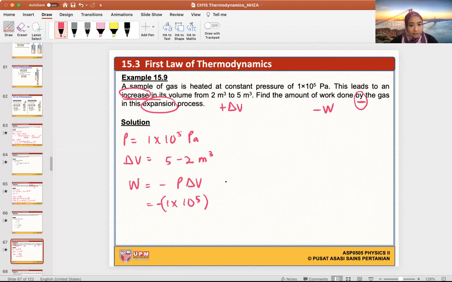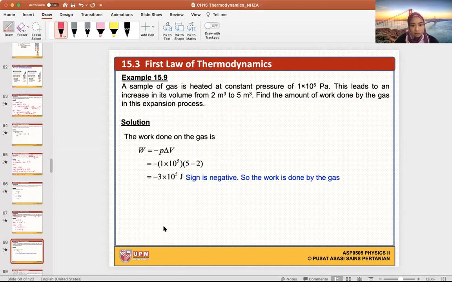Make sure you have the negative sign. And then 5 minus 2 is 3 meter cube. So that is 3 times 10 to the 5 joules. Negative. I missed the negative. Okay, so see, yes, the sign is negative. So the work is done by the gas. Correct.